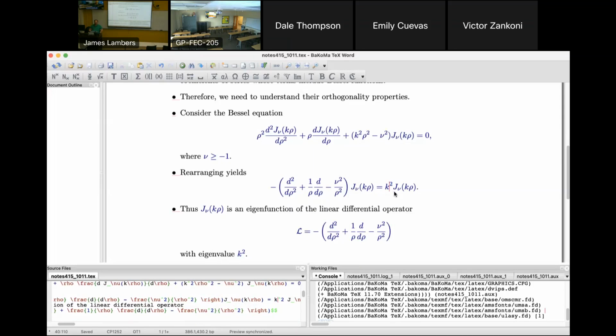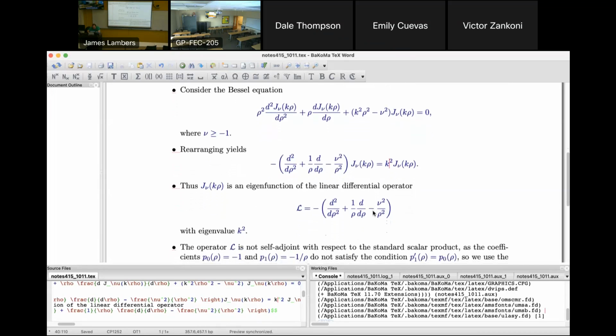As we've seen, if you have a set of functions that are eigenfunctions of a differential operator, and the operator is self-adjoint, then the eigenfunctions are orthogonal. If it is not self-adjoint, then you can find a weight function, and they can be orthogonal with respect to that weight function. What do we have in this case?